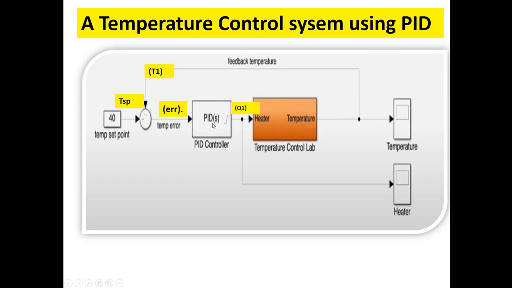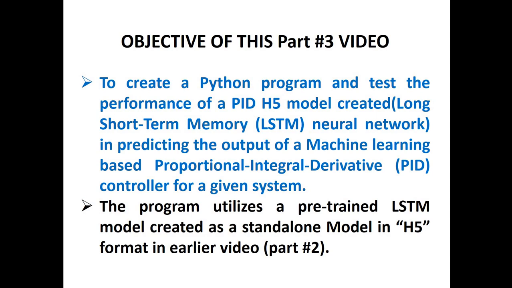This is going to be an emulated PID or a programmed PID, which produces the power output called Q1. This is a normal system, and if the PID is in hardware, then it is a hardware based PID system, but if the PID is in software, then it is software based PID.